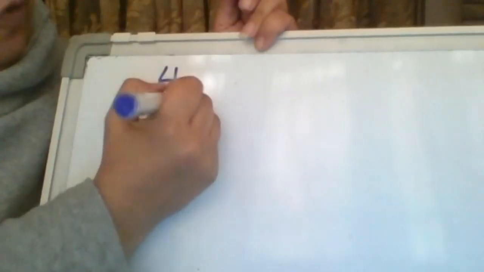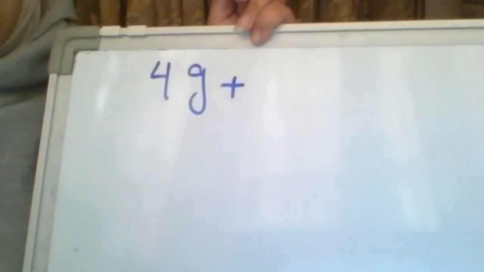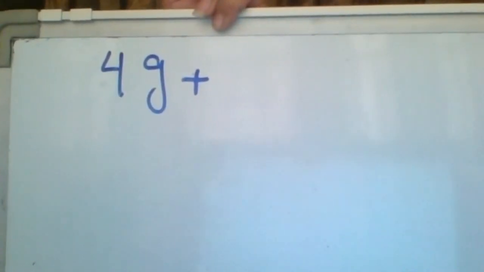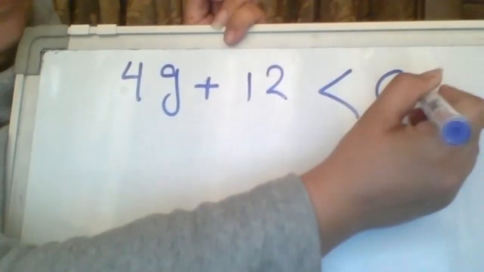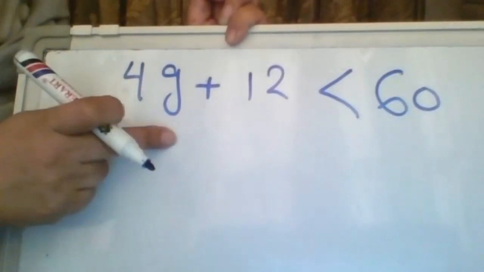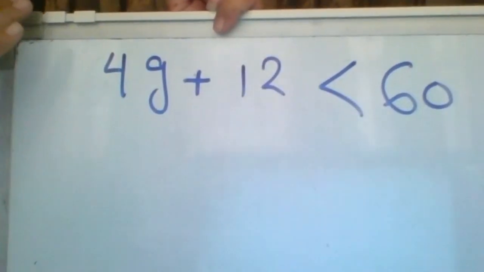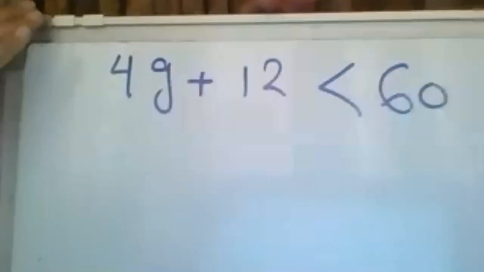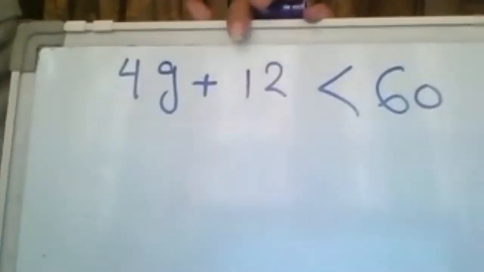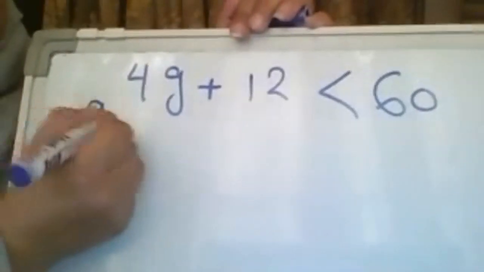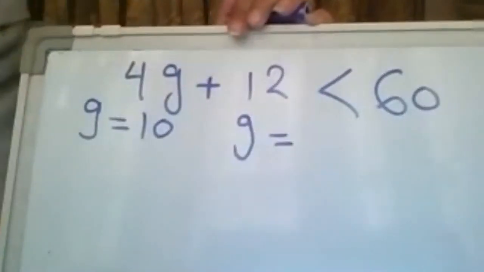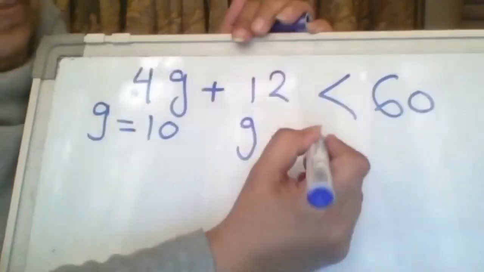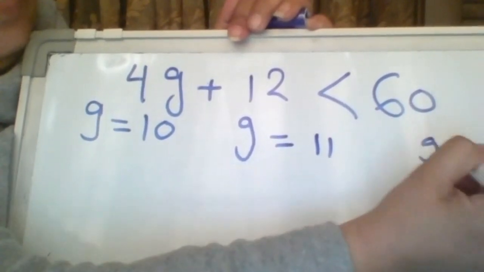He gives us an inequality, 4g plus 12 less than 60, with g equal 10, g equal 11, and g equal 12.